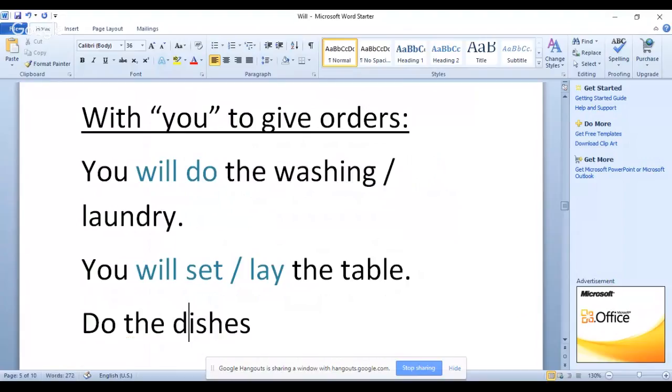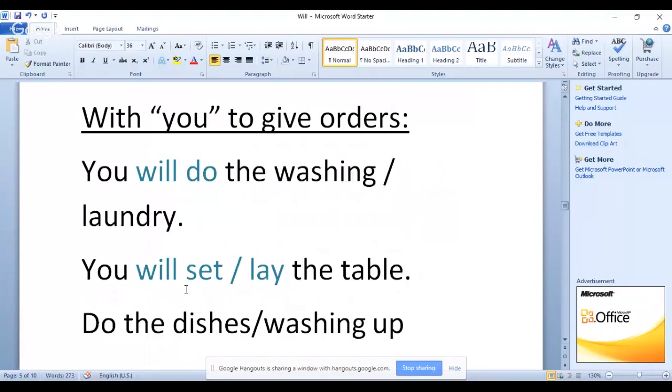Yes, do the dishes or the washing up. Oh, I see. Washing up. So it doesn't mean laundry in America. No, that doesn't mean laundry in American English. We wouldn't say that. Okay, so good thing I saw that.